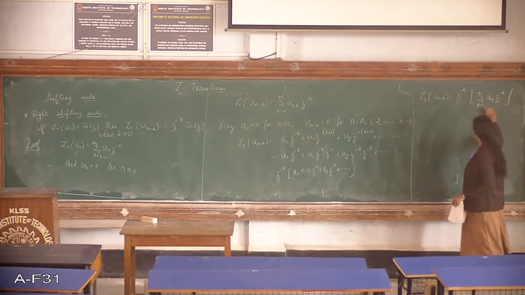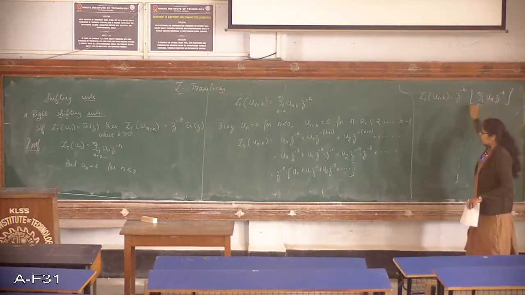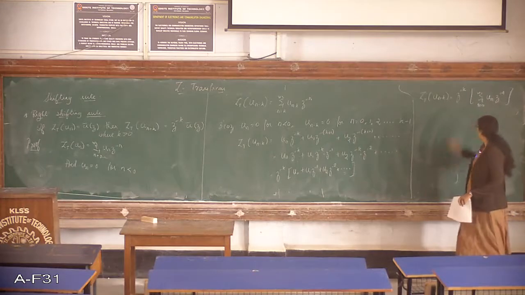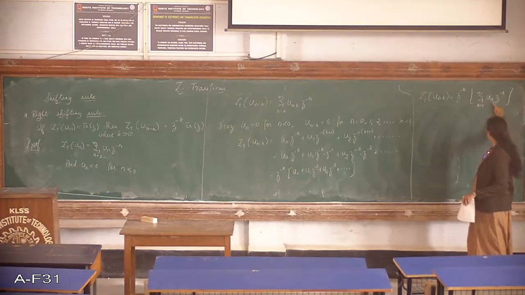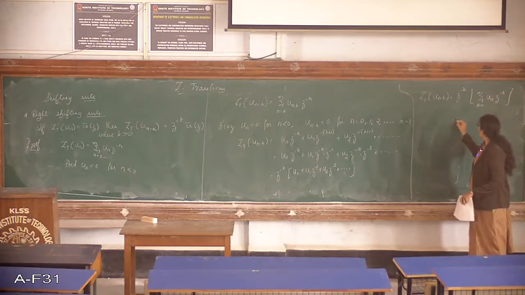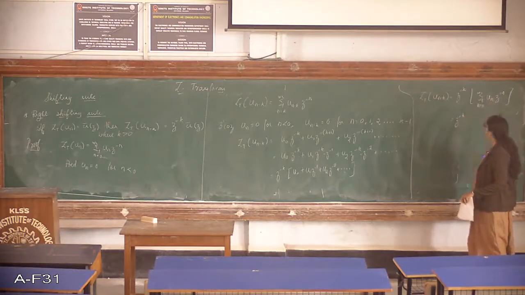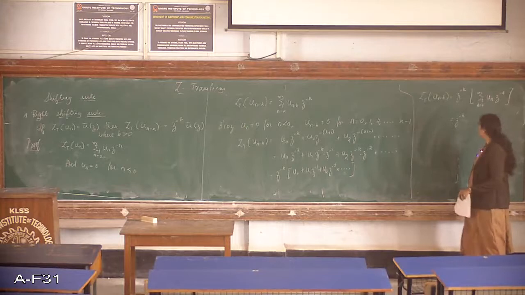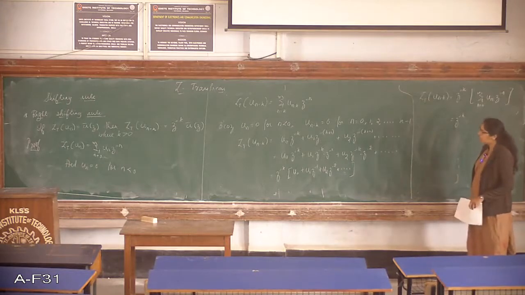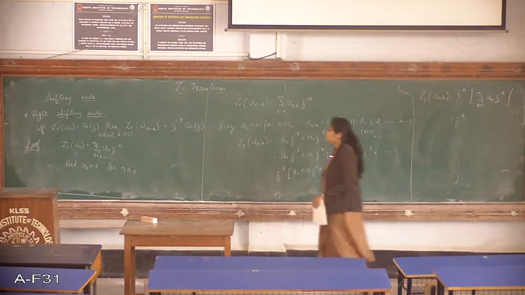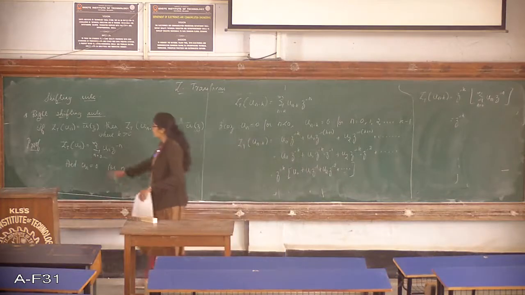Just check, if I replace the value of n as 0, I get the first term u0. If I replace n as 1, I get u1 z raised to minus 1, and so on. But what is this summation of u(n) z raised to minus n, when n ranges from 0 to infinity? It is nothing but the z transform of u(n).